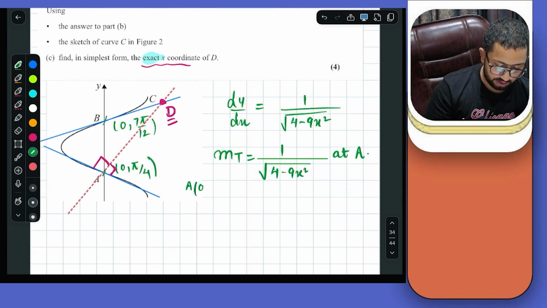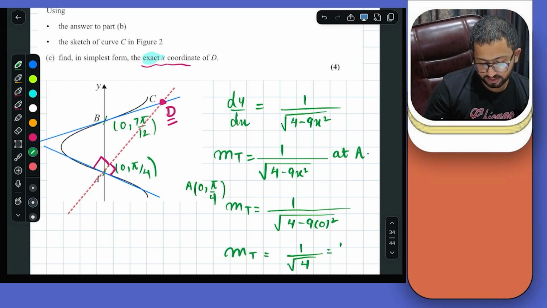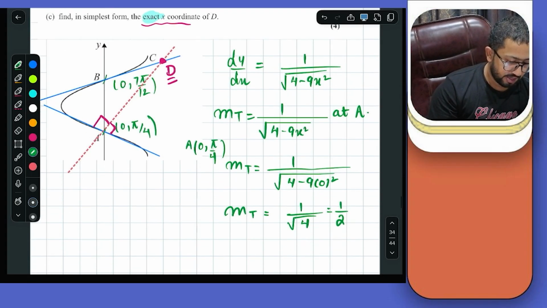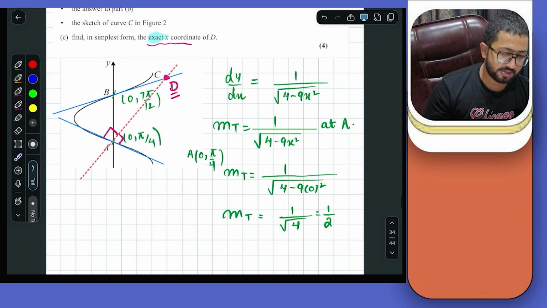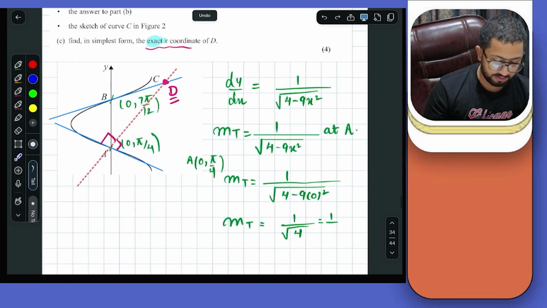A point is 0 comma pi by 4. Put x equal to 0. So it will become square root of 4, which is 1 over 2. I have a question. The main problem is if you do not try to make a diagram, then you will lose marks. Why? Because look at the screen.